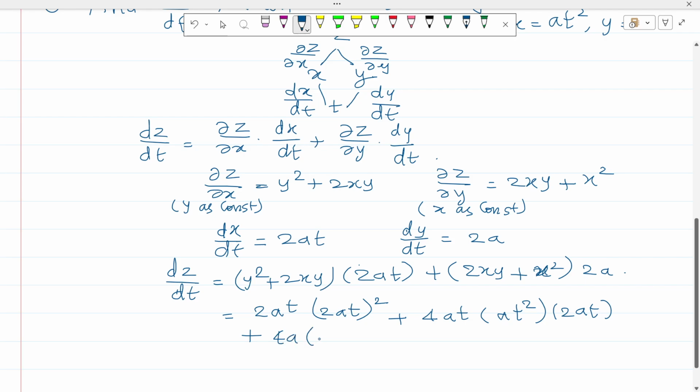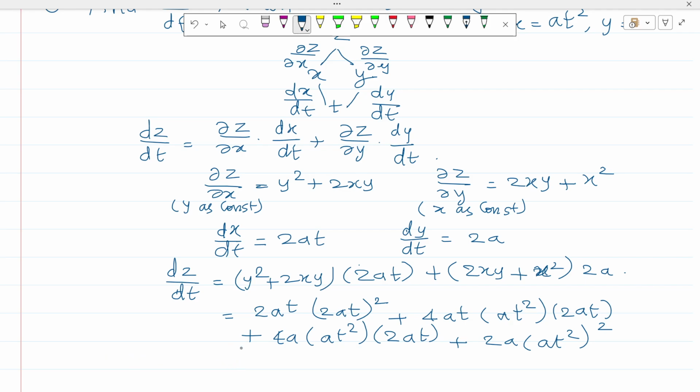Substituting x and y, x is at square, 2at, plus the remaining 2a is the last one, x square we need to calculate, at square whole square.